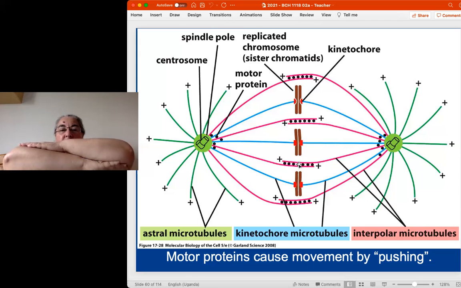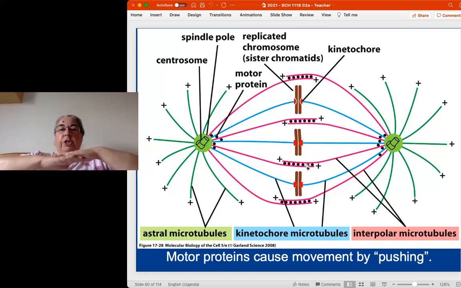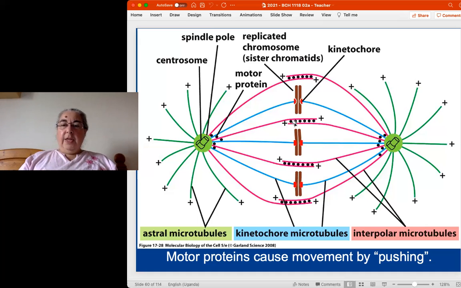So if you think of my two elbows here being the spindle poles and my arms being the microtubules, I'm pushing them apart. Okay, and these motor proteins, if you think of them a little bit like a motor going round and pushing these fibers apart. Okay, so lengthening of the cell because of the interpolar microtubules.